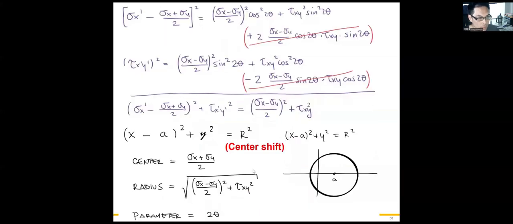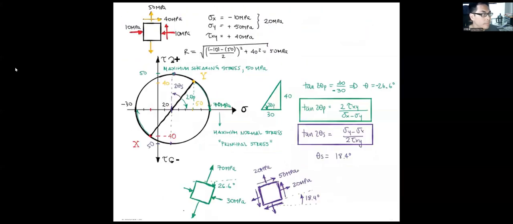Okay, so I'm gonna show you one example here. Suppose here is an infinitesimal element in plane stress, and sigma x equals minus 10 megapascal, which means compression, and sigma y equals 50 megapascal, a tension, and the shear stress tau xy equals 40 megapascal.